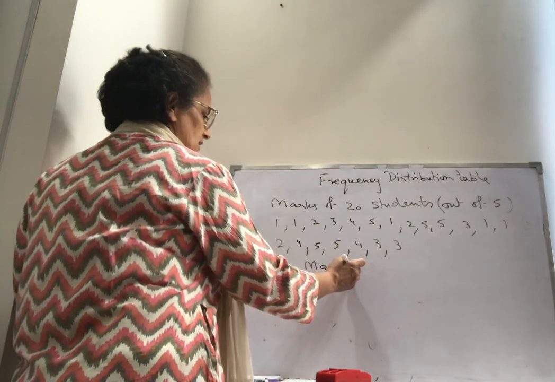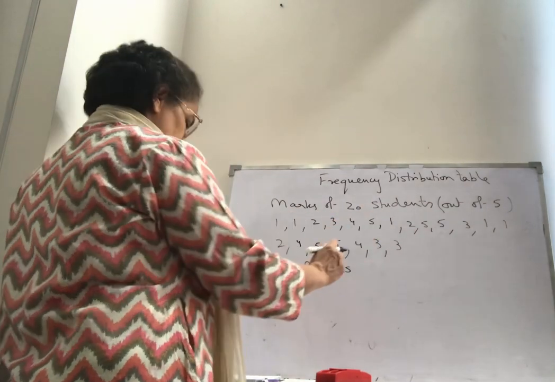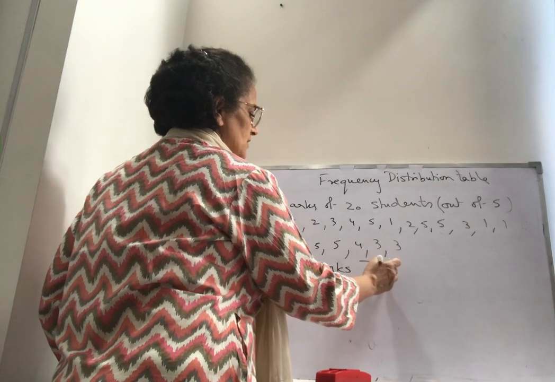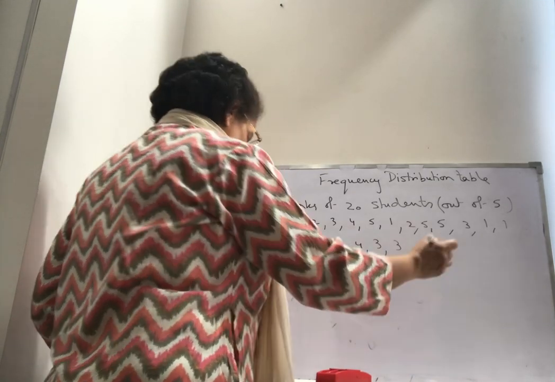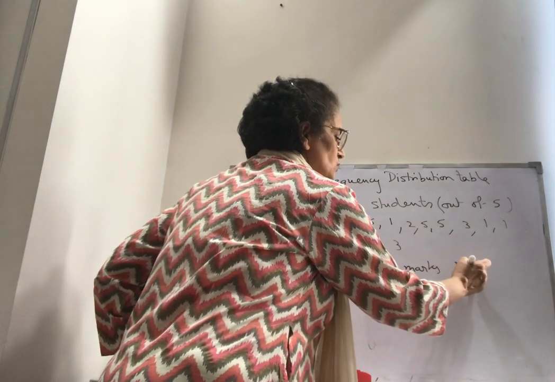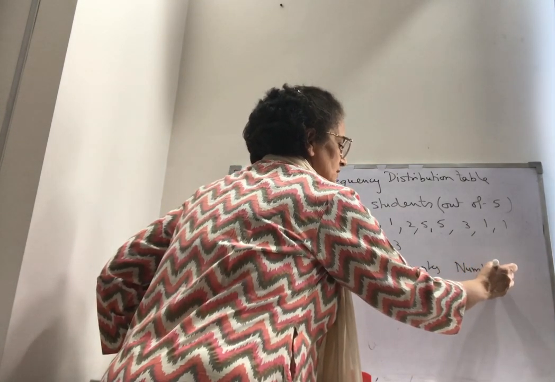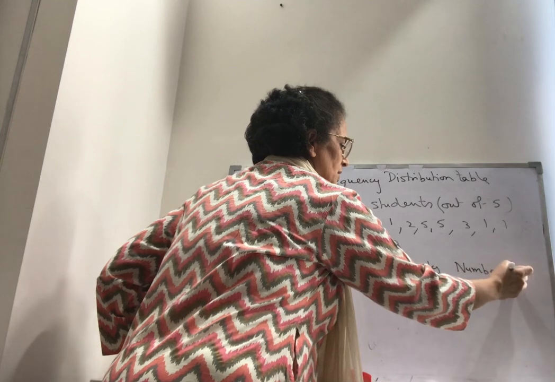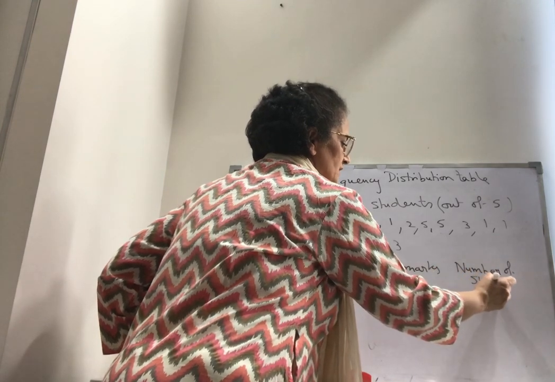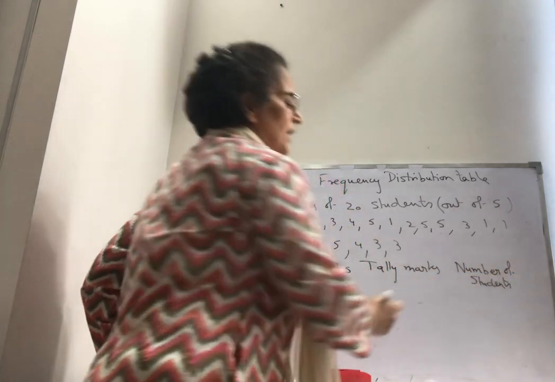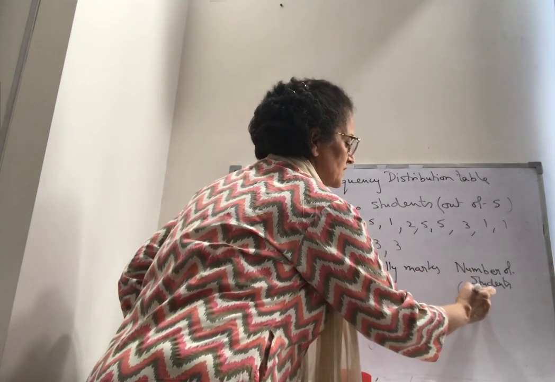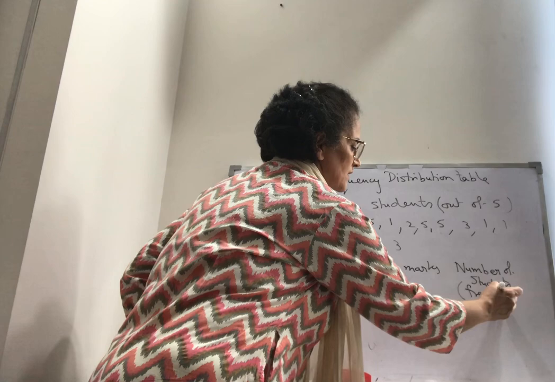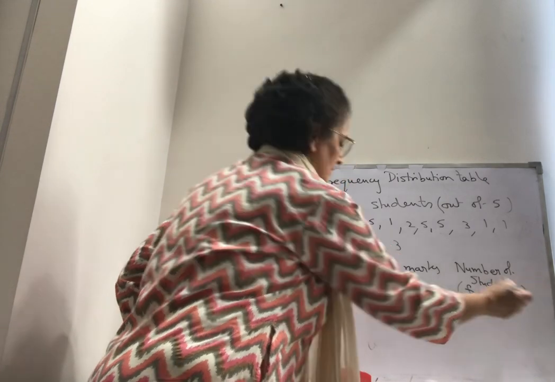So let's write, these are the marks. Then we form the tally marks, and then we have how many students have scored, number of students, and these number of students, you call it the frequency, right?